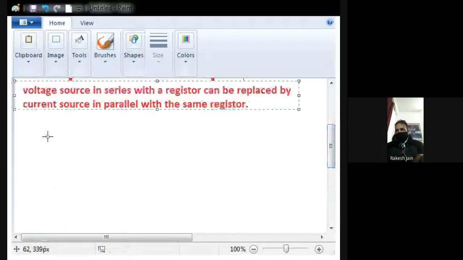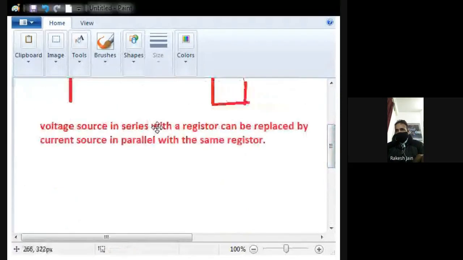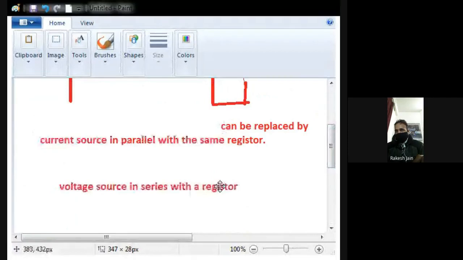If in a circuit a current source is available in parallel with a resistor, we can replace it.